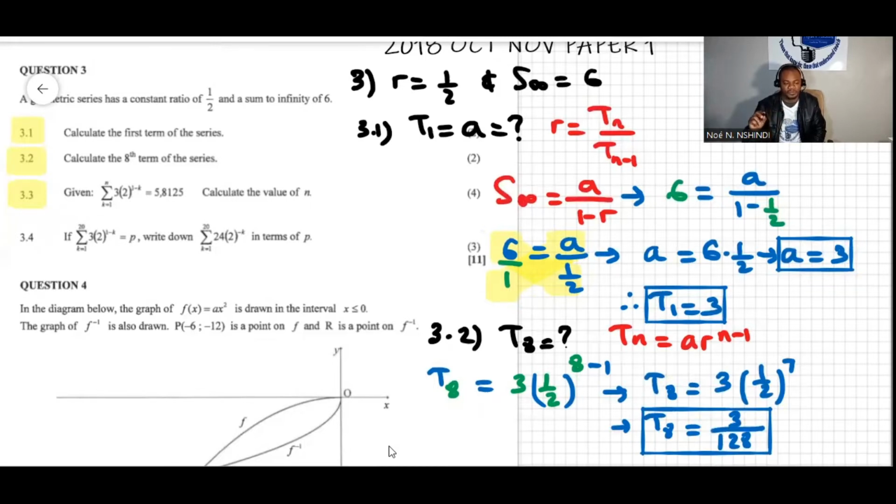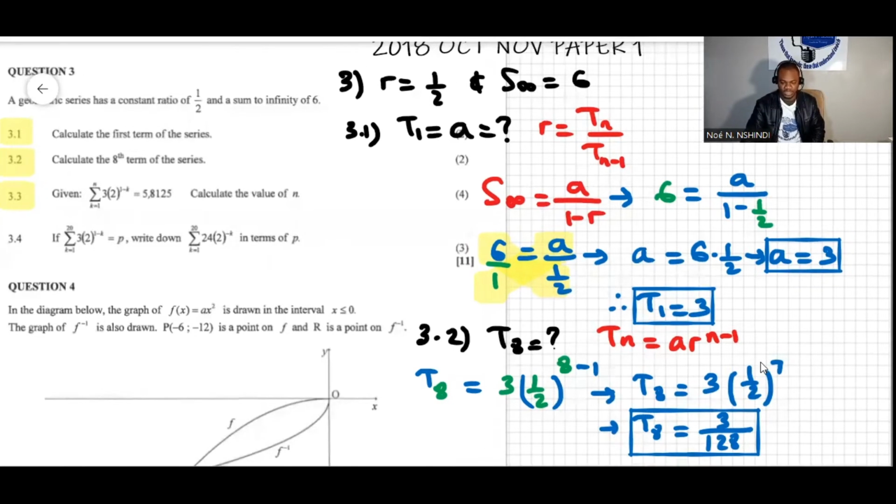It says that the sum of 3 times 2 to the power of 1 minus k, with k starting from 1 to n, equals 5,8125, and then calculate the value of n.